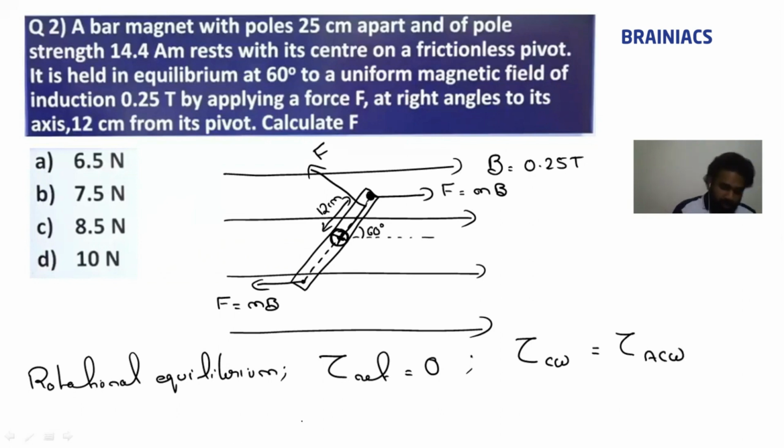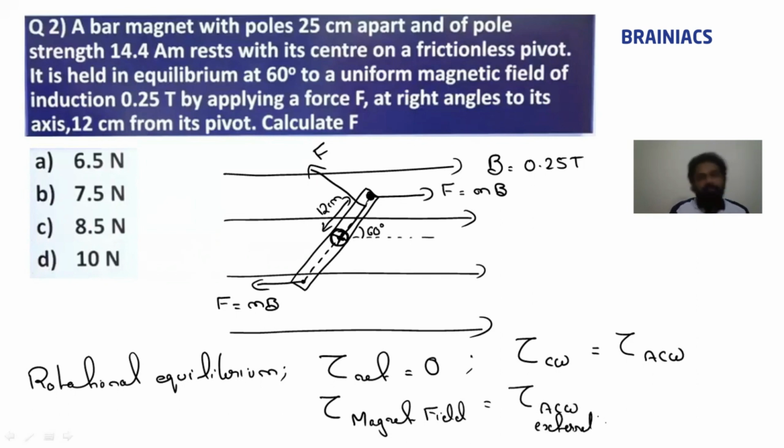So we can say the torque due to magnetic field should be equal to the torque in the anti-clockwise direction, or the external torque. Now we will equate them and we will find the force.